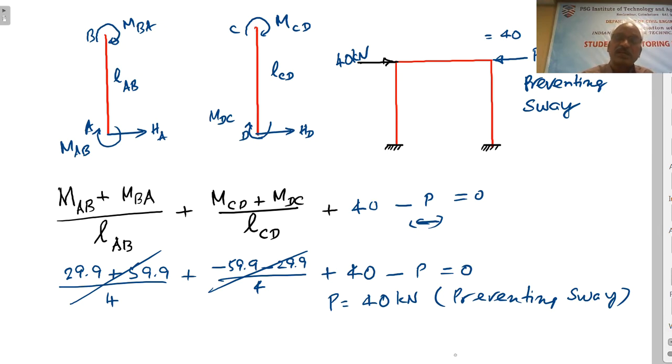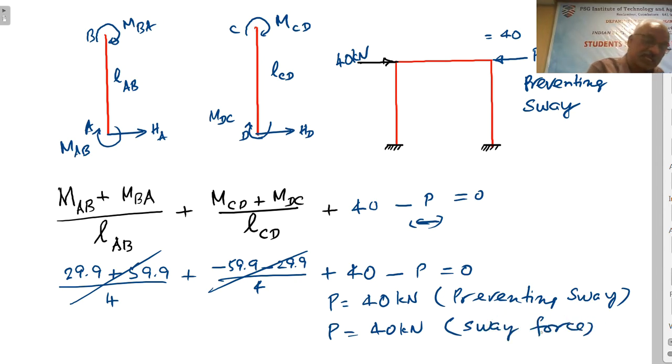Because of that only we have got the values in the tabulation. Now to get the real solution we have to apply that force, P equal to 40 kilonewton, as the sway force. Actually this force is preventing the sway.